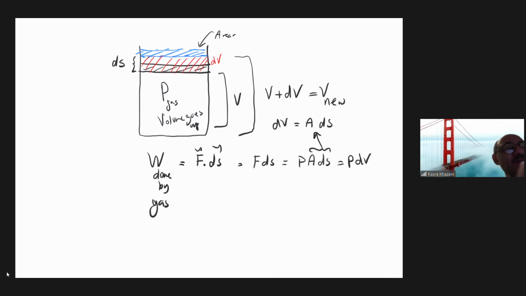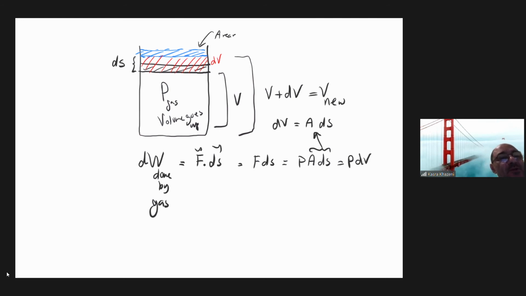And this amount of work is really an infinitesimally small amount because the volume changed infinitesimally. So this is dW, the infinitesimal amount of work done when you move the piston by changing an infinitesimal amount of volume, and it moves by an infinitesimal amount ds.